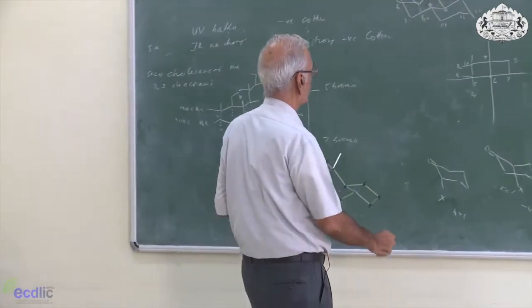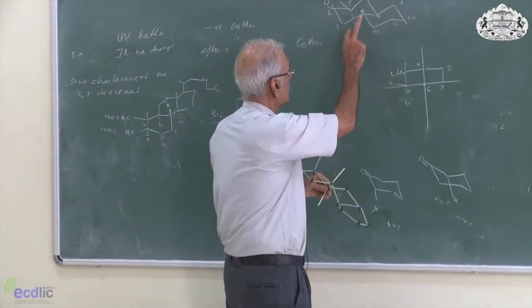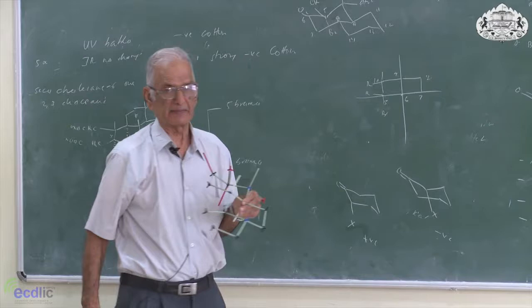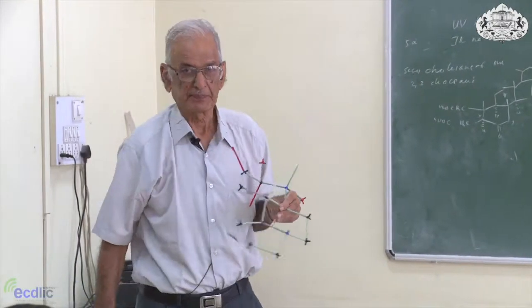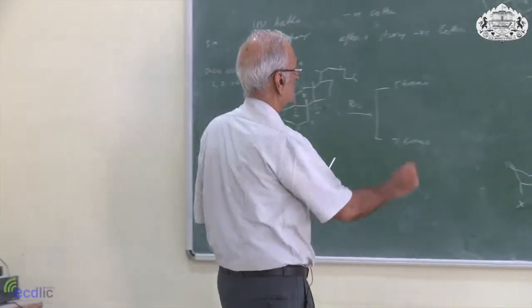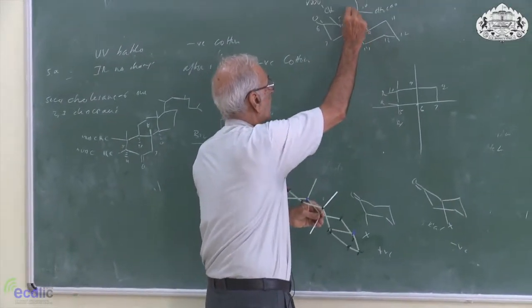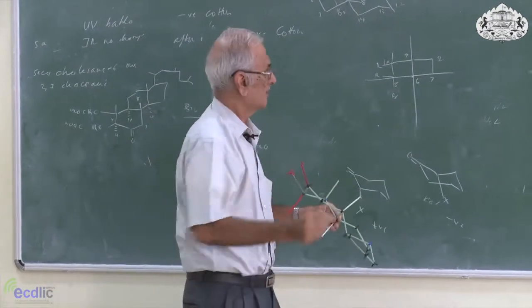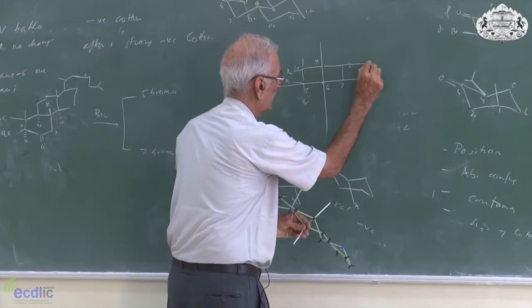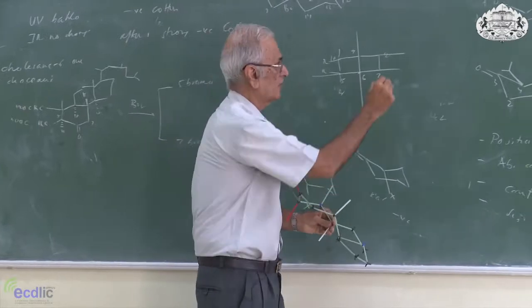How are you going to draw the other bonds? How is the bond from 8 to 14? Is it equatorial? Is it axial? Hydrogen is axial, 8-14 bond is equatorial. So, equatorial bond is always like this. That is your 14 bond.